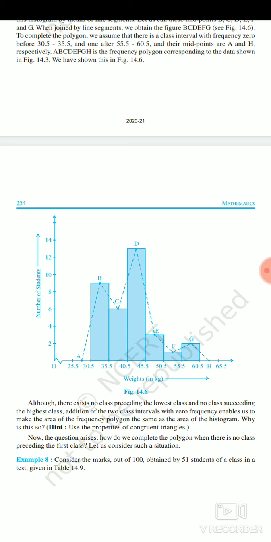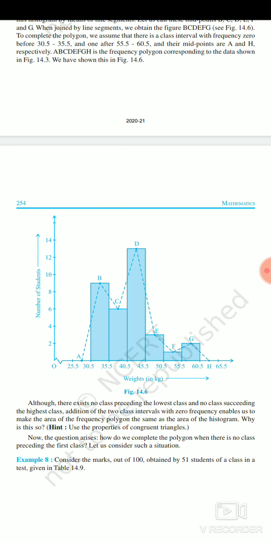If class width is 5 it means 2.5, if class width is 20 it means 10. Like that you need to start. Now after 60.5, add 2.5, that is 60.5 plus 2.5, 63. 63 is your end point. Okay, so this is a frequency polygon.